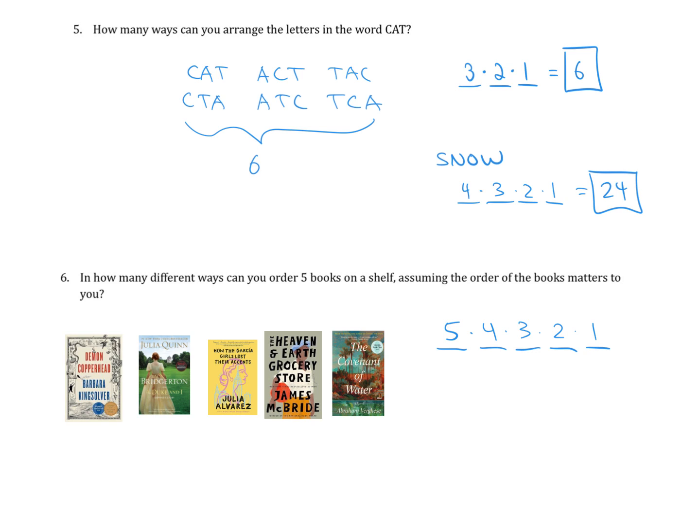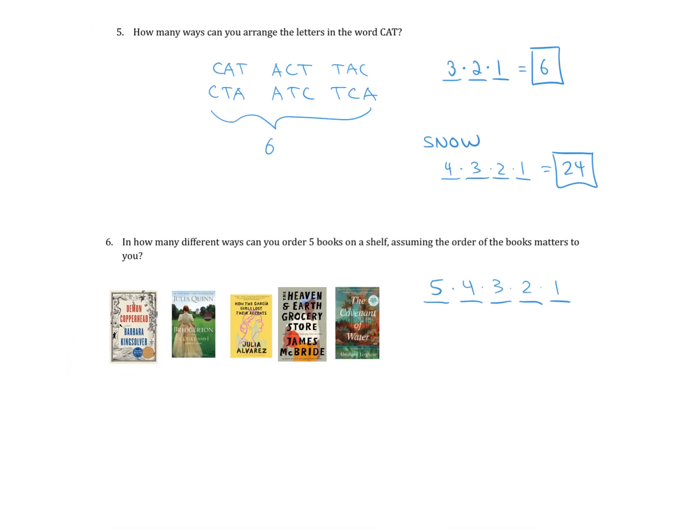And if you notice, in both of these examples, we multiply the number of items by each positive integer below it, all the way down to 1, which is actually an operation in math called factorial. I can express this as 5 factorial, and that means 5 times 4 times 3 times 2 times 1.